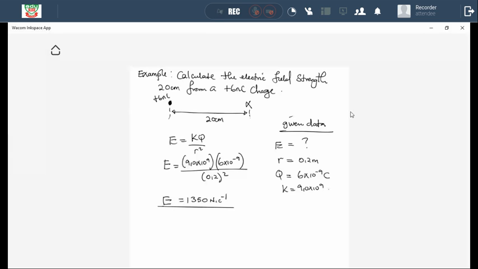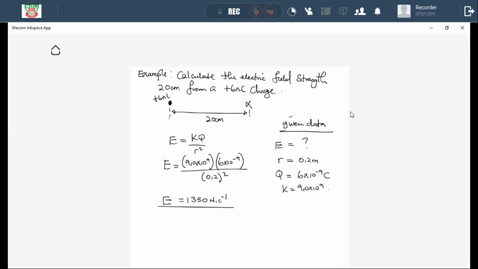And in our next presentation, we are going to look at net electric field, where we are given two charges and a point somewhere. Then we determine the net electric field. And I'm also going to give you electric field patterns. It is very important for us to know the electric field patterns of different charges.